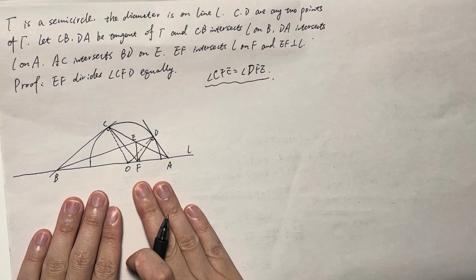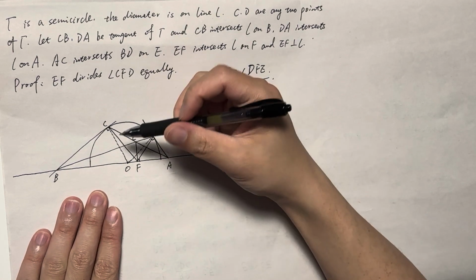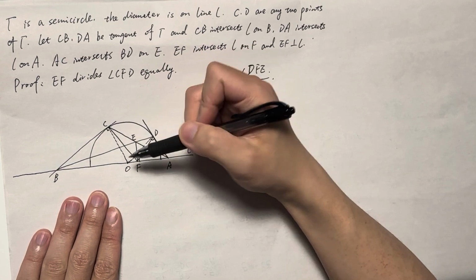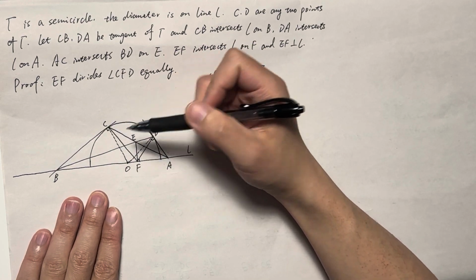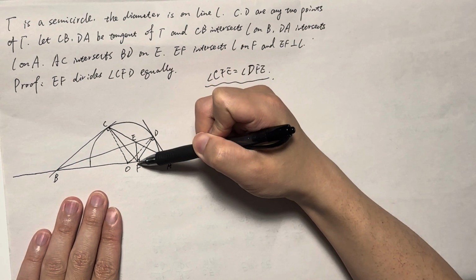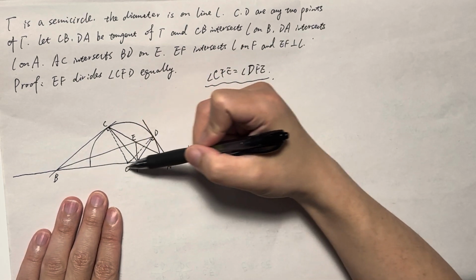The very first thing we can think about is that OC is perpendicular to CB, and EF is perpendicular to BO.